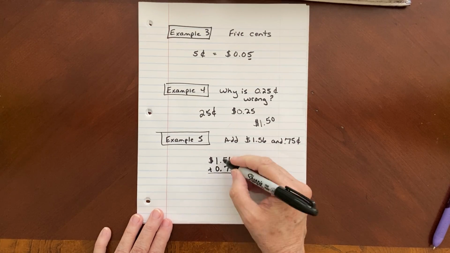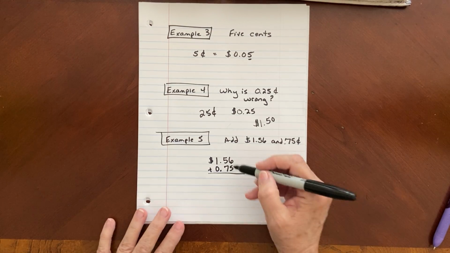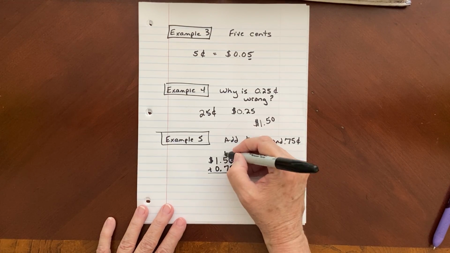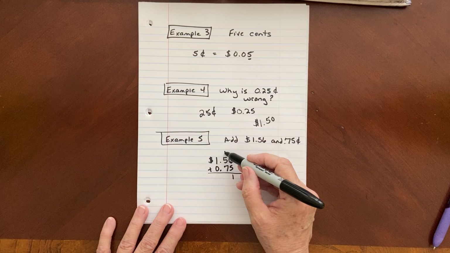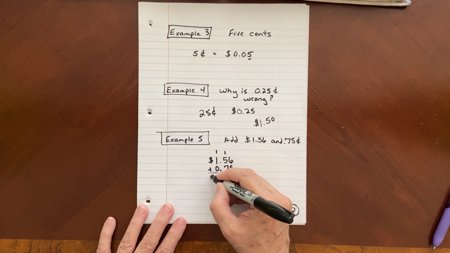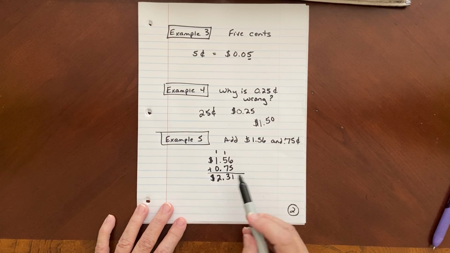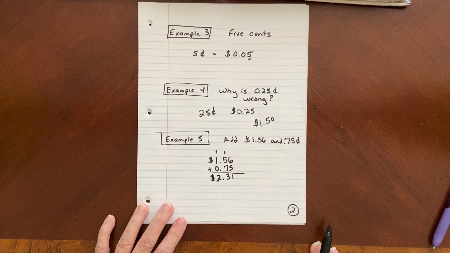And now I can add them easily. Remember, I'll line up my decimals when I'm adding them. Okay, so 6 and 5 is 11, carry the 1. 5 and 7 is 12, 13. Carry the 1. Make sure to bring my dollar sign down. So Reuben spent $2.31 altogether.